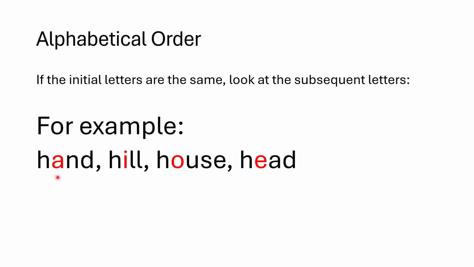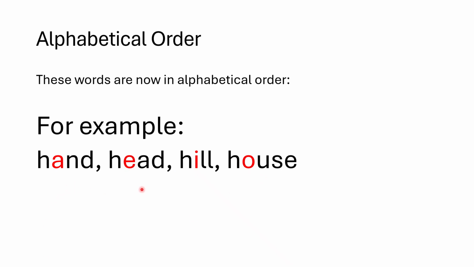The second letter in hand is A. The second letter in hill is I. The second letter in house is O. The second letter in head is E. Hand, head, hill, house. Each of these words begins with the letter H. By looking at the second letters, we can see that A comes first, followed by E, I, and O. These words are now in alphabetical order.